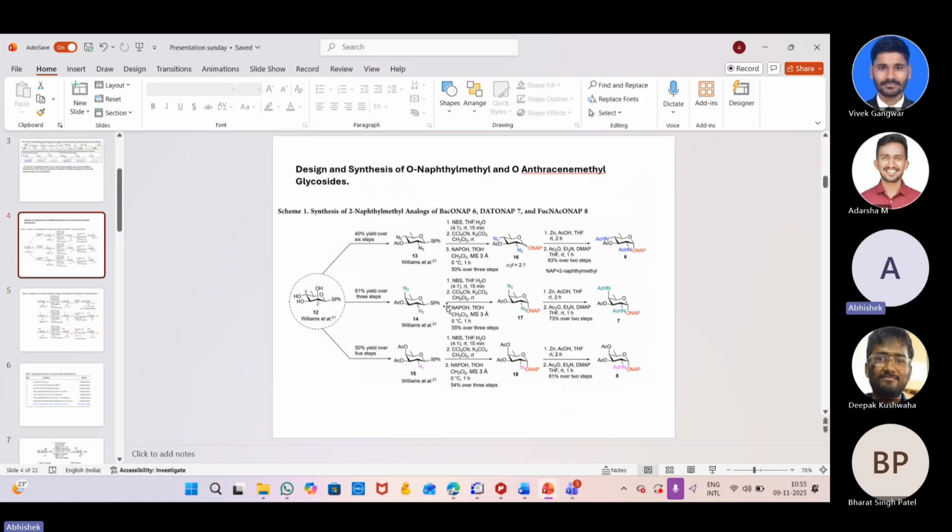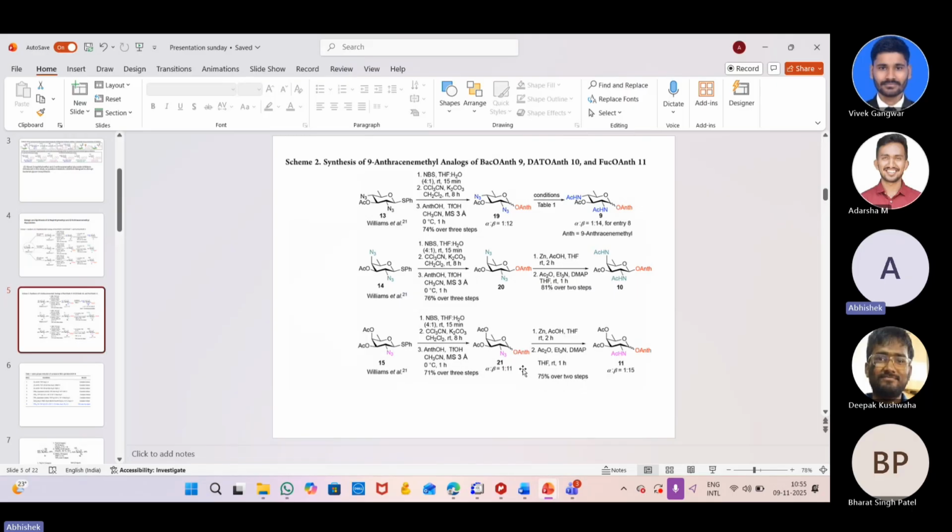If you see in the case of the naphthyl derivative, he used DCM as a solvent, and here he finds more alpha product, like 17 and 18, alpha. But in this case, both are forming, but beta is more. Did they mention they are doing this to get the stereoselective product, or are they changing the solvent because of solubility?